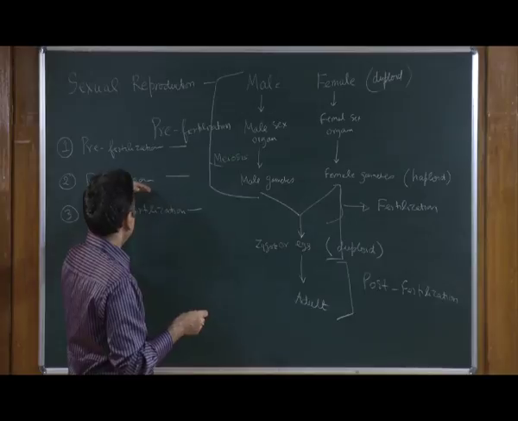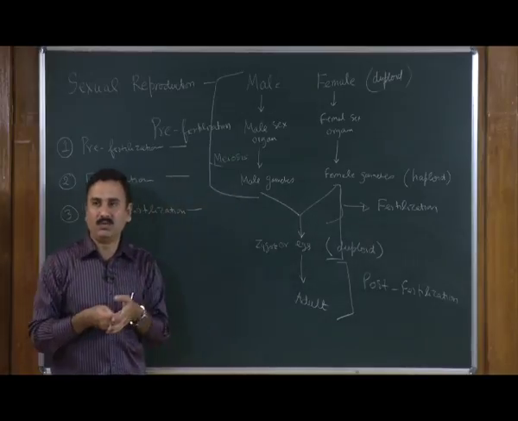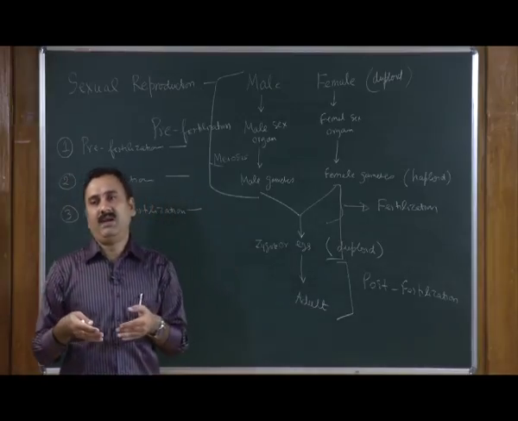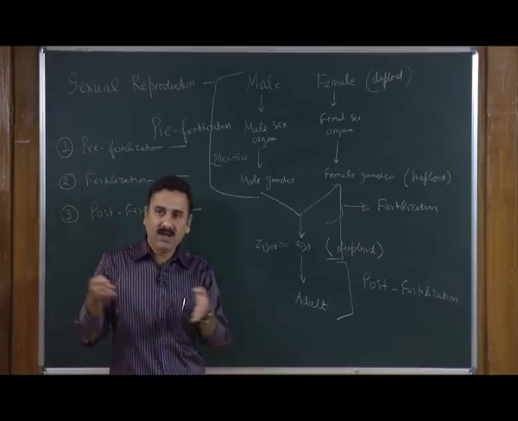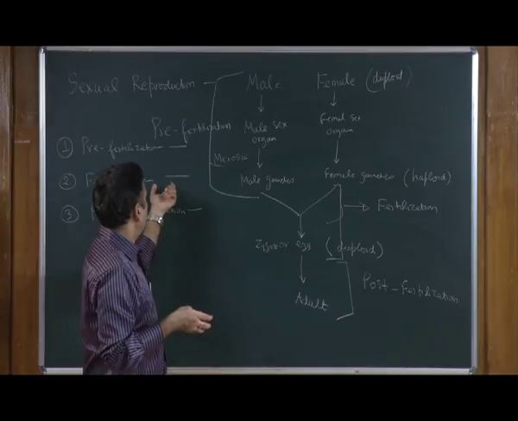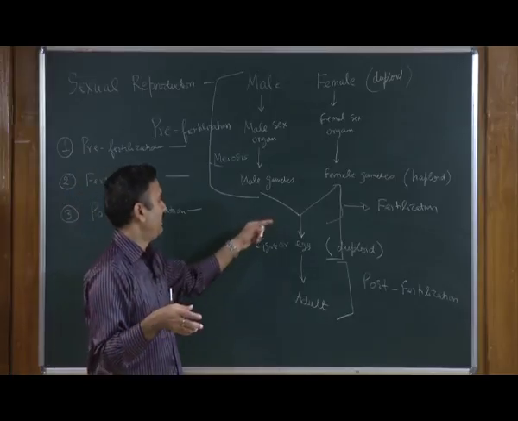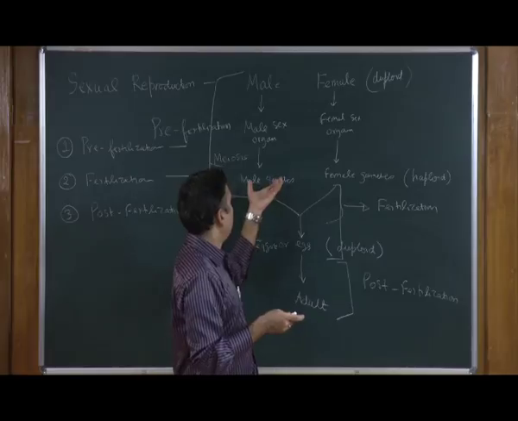Then the fertilization event is where the male and female gametes come closer to each other. There are features present on the male gamete and on the female gamete which make them do this process very optimally.